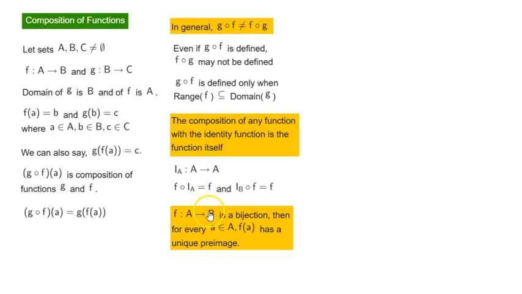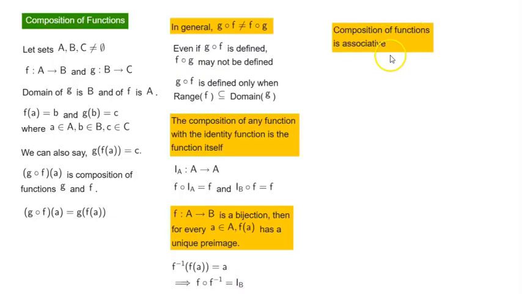That means every element of B mapped by f has a unique preimage. And how do we understand this? f inverse of f of a. See, f of a gives us b. The inverse of b is a, which implies f composition f inverse is equal to I sub B.